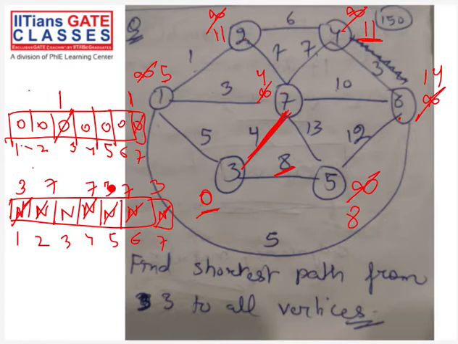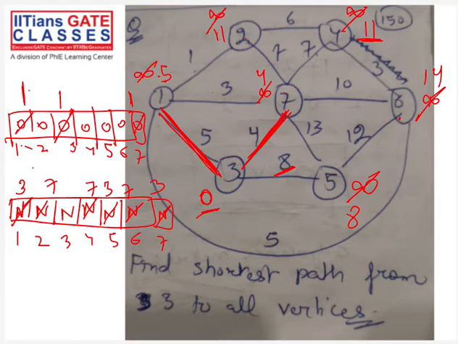Whenever you update the value, you have to update the parent as well, otherwise we will not know at an exact point of time who is the parent of whom. Now 0 and 5 is there. This is the minimum, so I'll assign this as the next path. All right, and now we are going to process 1. So now we'll visit 1 and process it.